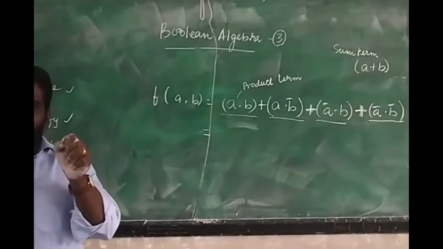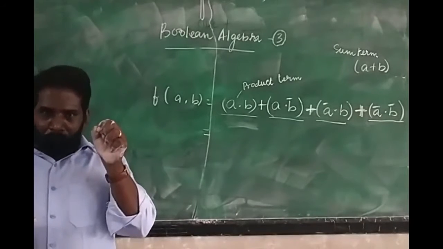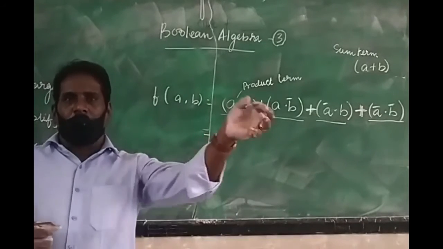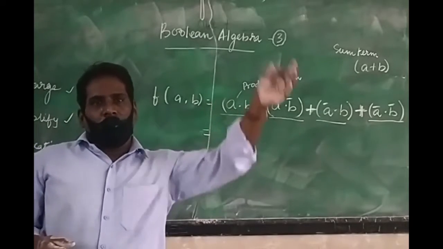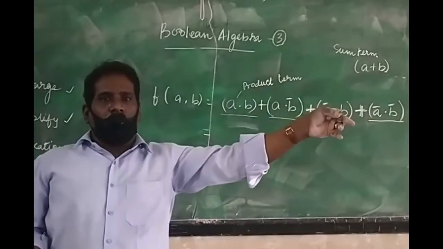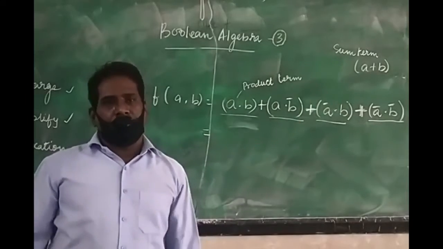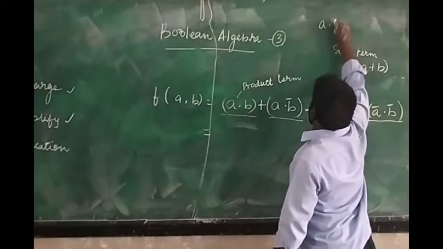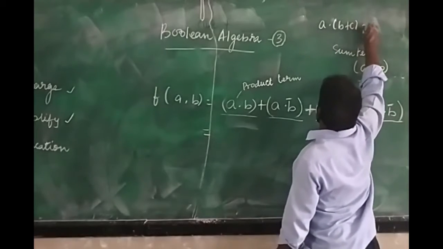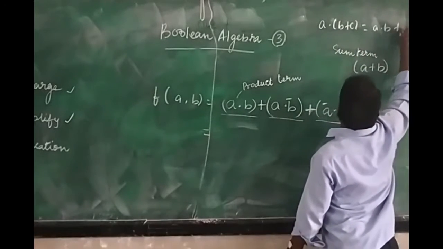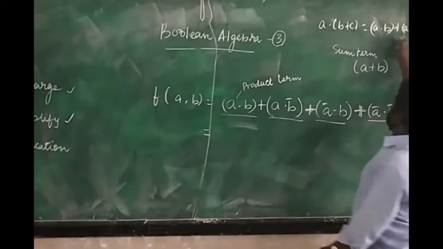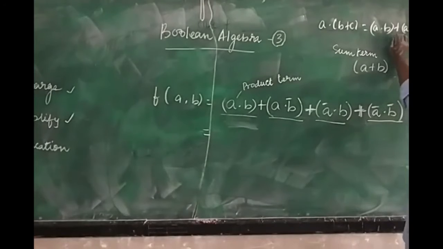If a similar term is present in more than one term, that is similar to the Boolean rule of distributive law. What does the distributive law say? A dot (B plus C) equals A dot B plus A dot C. See, this is the distributive law.